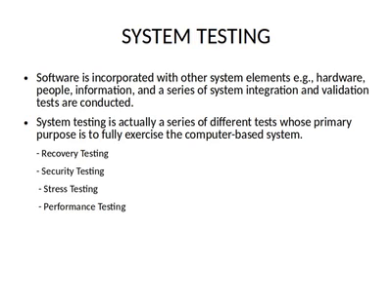System testing is actually a series of different tests whose primary purpose is to fully exercise the computer-based system. Although each test has a different purpose, all work to verify that system elements have been properly integrated and perform allocated functions.